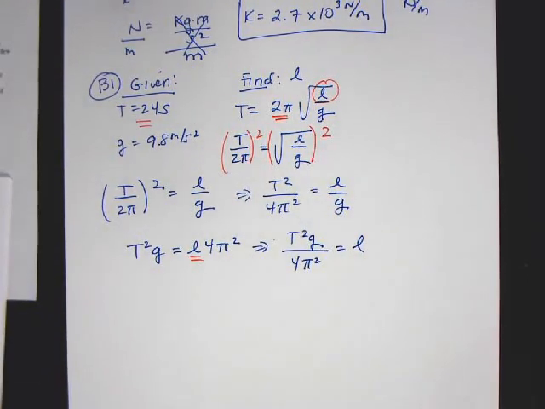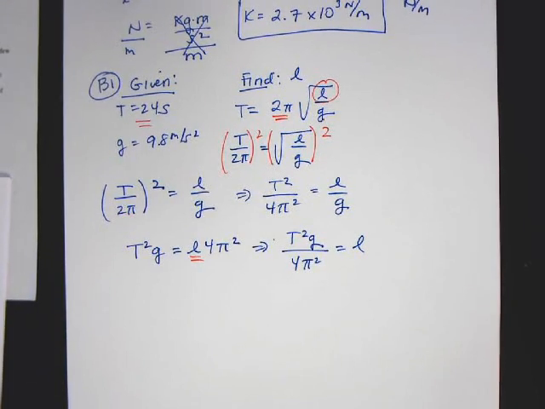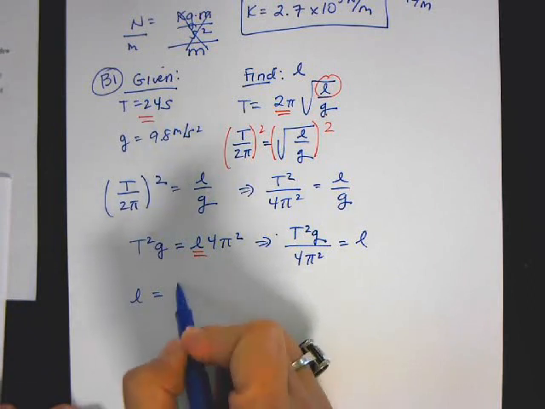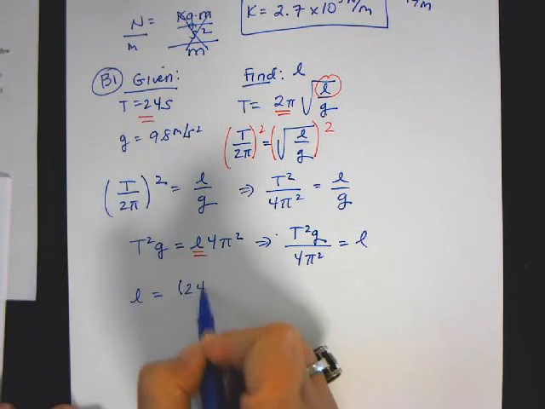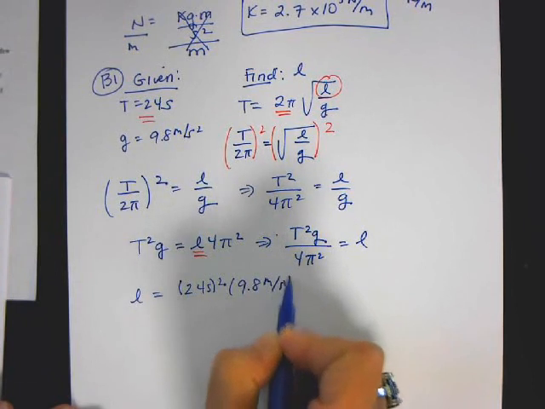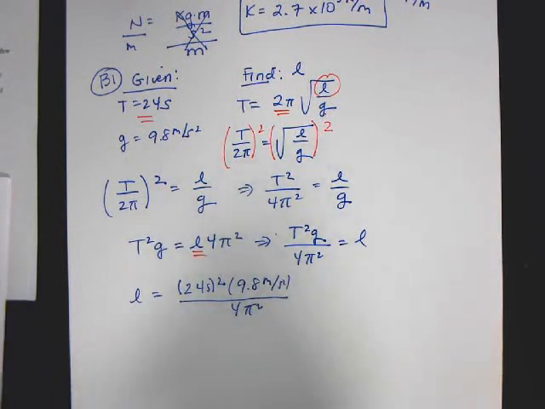Now when I substitute in my values and put it in my calculator, I'm not going to make a mistake. So L is going to be T squared, which is 24 squared, times g, divided by 4 pi squared. And you know, for pi, put 3.14. If you just use the pi button, your number is going to be a bit different because your calculator uses however many decimal places it goes.